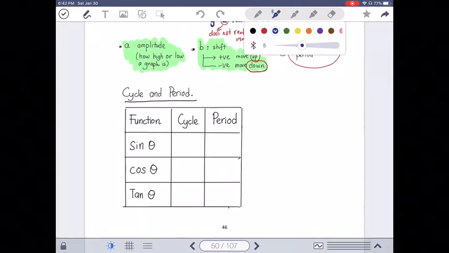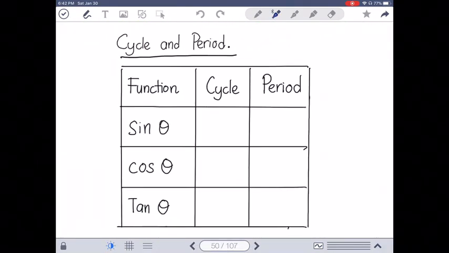Now, for the three types of graph, for the function sine theta, this cycle for sine theta looks like that. For cos theta, it looks like that.